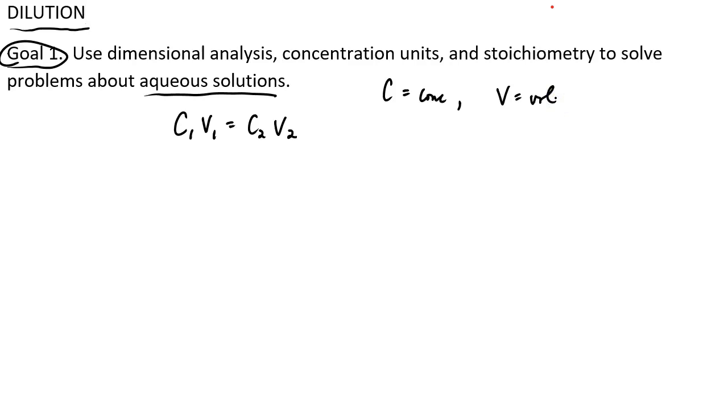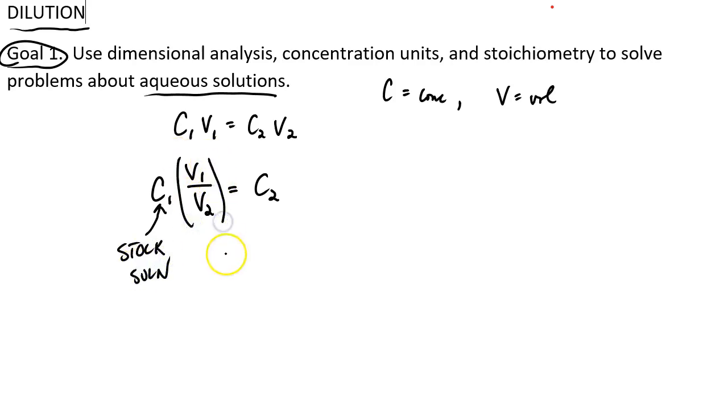If you divide both sides of this equation by V2, there's another convenient way to think of this dilution equation. That would be C1 times V1 over V2 equals C2. And when you look at the equation this way, C1 can be thought of as the concentration of your stock solution.